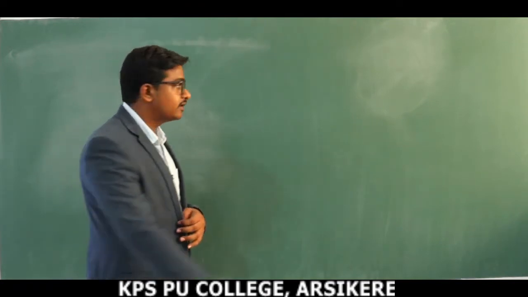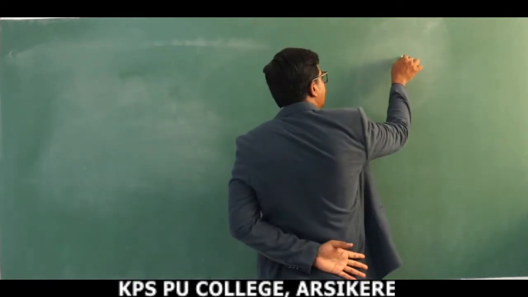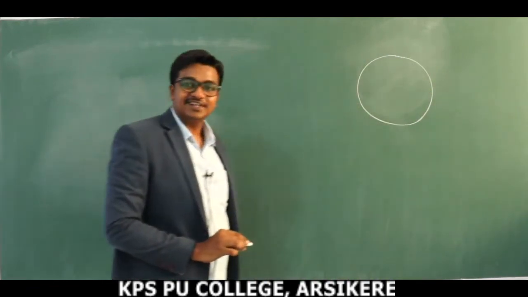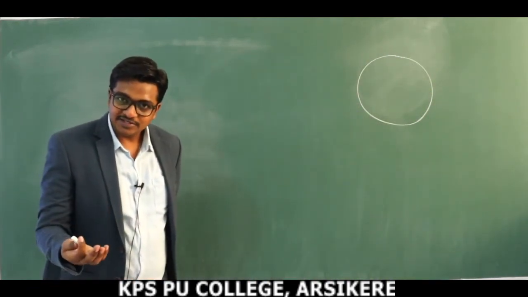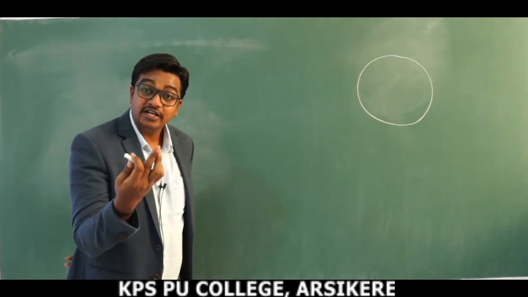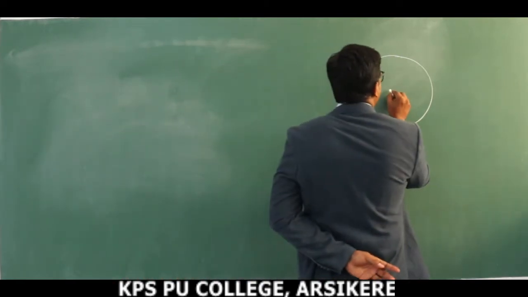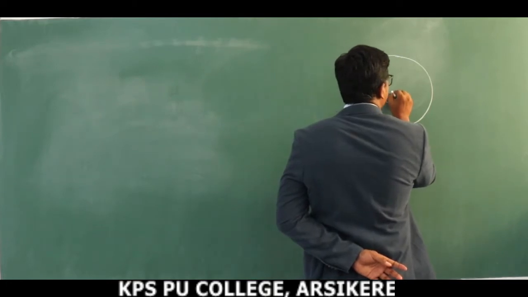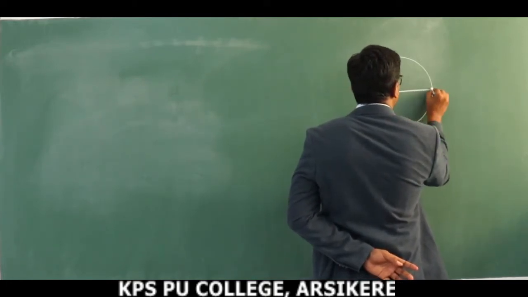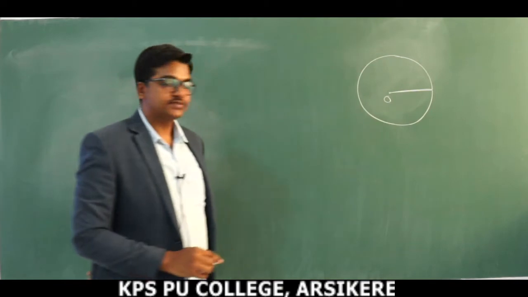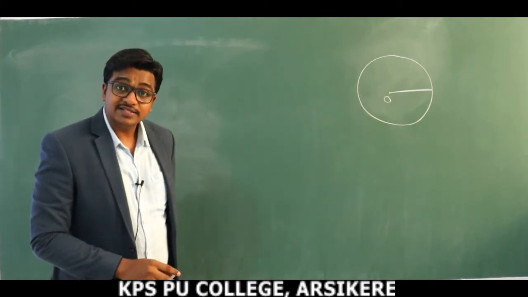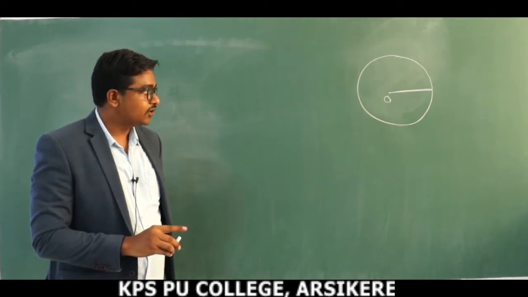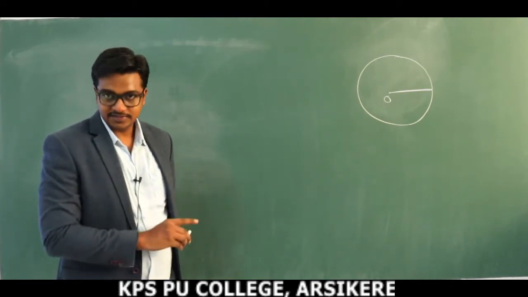Just observe here. Here we have the unit circle. Unit circle means whose radius is 1 unit. Here we have the center, take the center as O. Draw the line segment AB perpendicular to the radius.